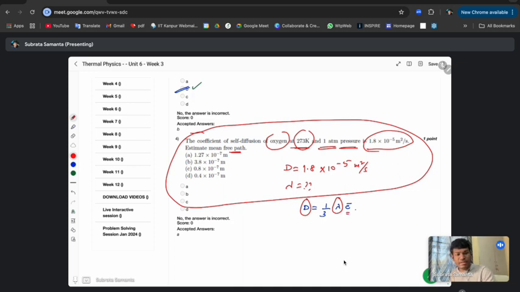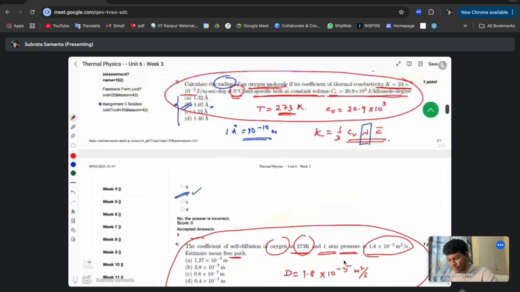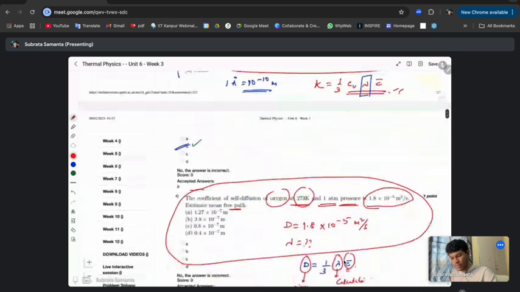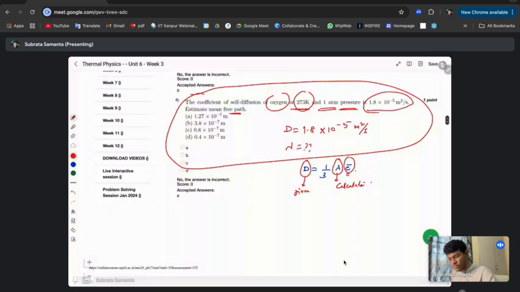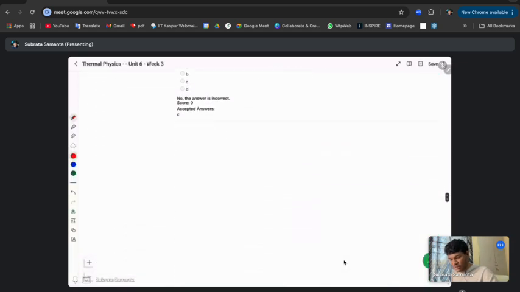The given are the temperature and the pressure. So first we want to calculate C bar, the C average, the mean velocity. You already calculated the mean velocity of an oxygen molecule at 273 Kelvin in the previous problem, right? So we just use this because the temperature is the same.